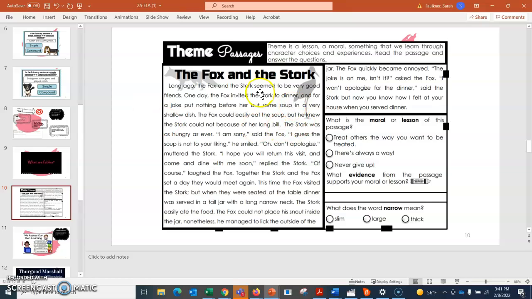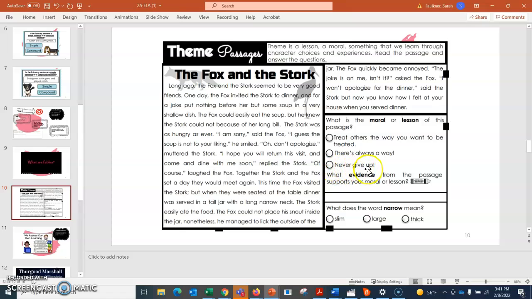So what do you think the moral or lesson of this passage is? For me, I like to look back to the passage and find evidence. When I was reading through the passage, I didn't really see anything about never giving up. And that's another tactic that I like to use: if I can eliminate or get rid of a choice, then I want to do that.